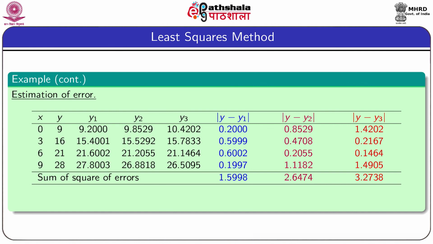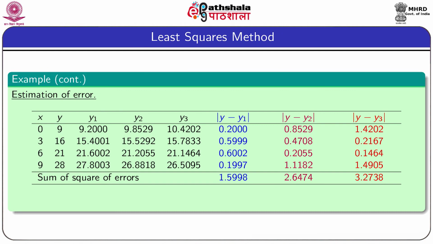Now we calculate the errors for each of the three cases. The first and second columns represent the values of x and y. The third column represents the values of y obtained from the first curve y1. The fourth column represents the values of y obtained from the curve y2.